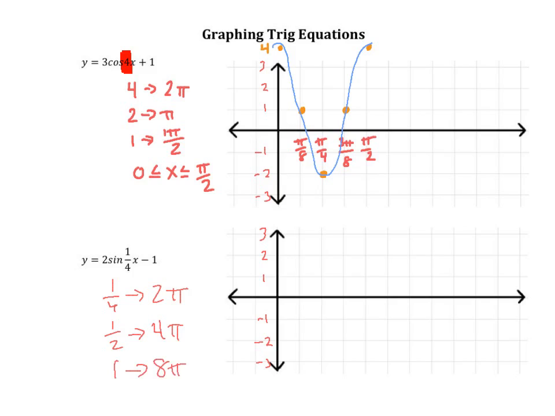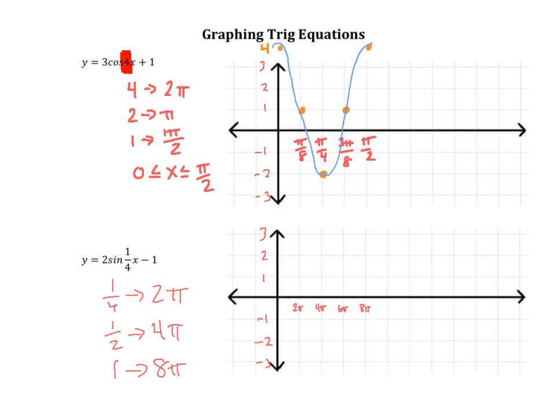So I need to go from 0 to 8 pi on my graph. So I'm just going to go 0 pi, 2 pi, 4 pi, 6 pi, and 8 pi. This way I can graph all 5 of my special ordered pairs for a sine graph.